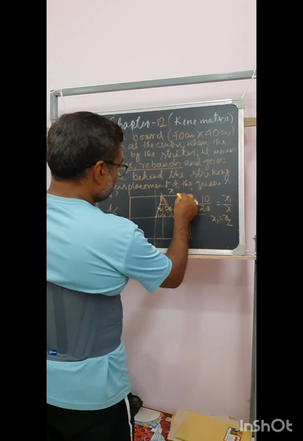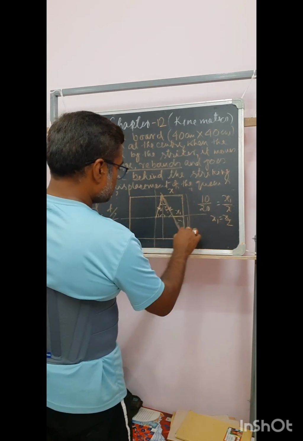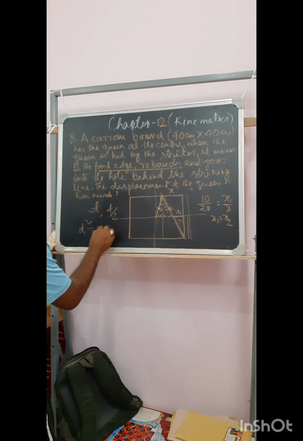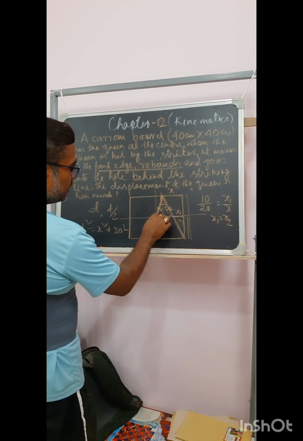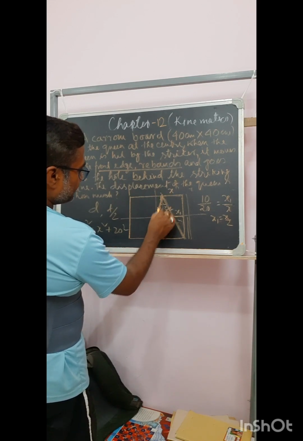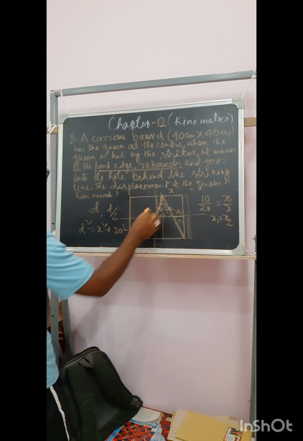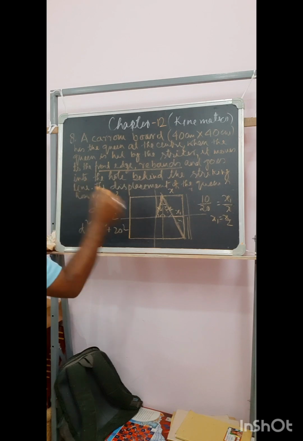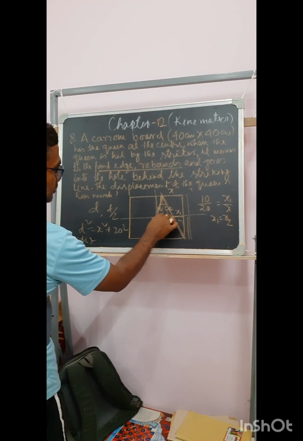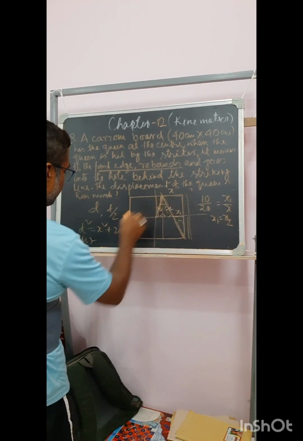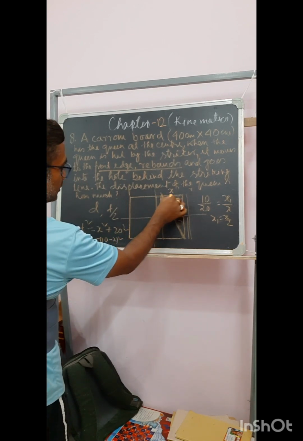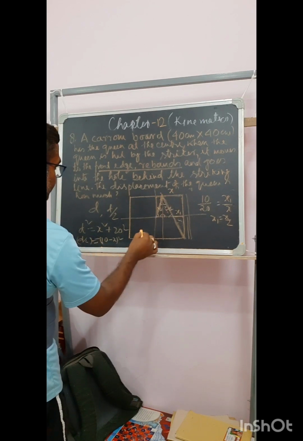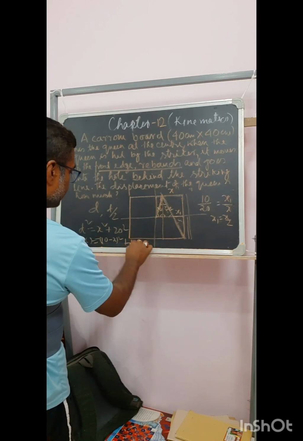Okay. Now what is the relation between this and this? So d square will be x square plus 20 square. Now it is again d by 2, so similarly this is 10. From the symmetry, d by 2 whole square equals this, which will be 10 minus x whole square, plus 10 square.